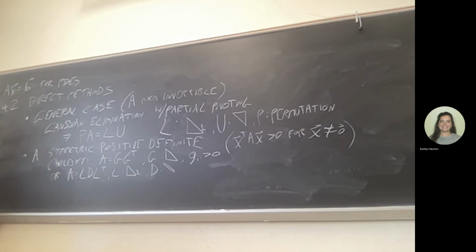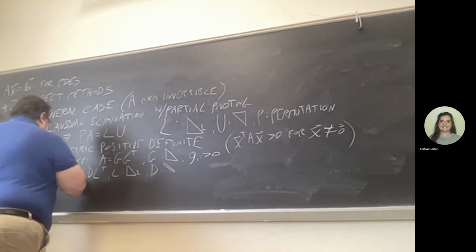Some prefer the LDLT factorization because it doesn't require computing any square roots. With Cholesky factorization, you do have to take a square root to get each diagonal entry of G. So in fact, LDLT is referred to as the square root free Cholesky.